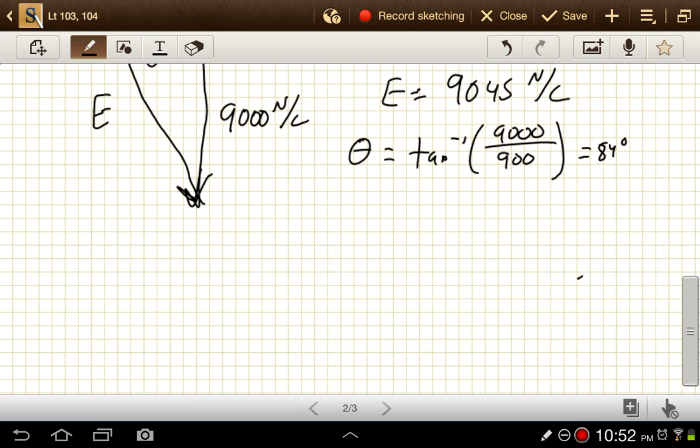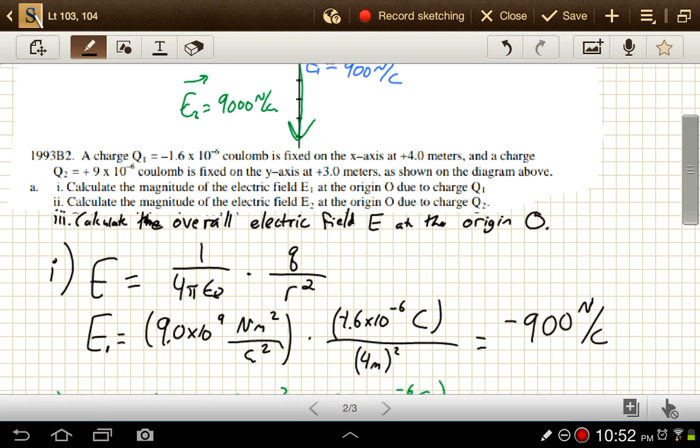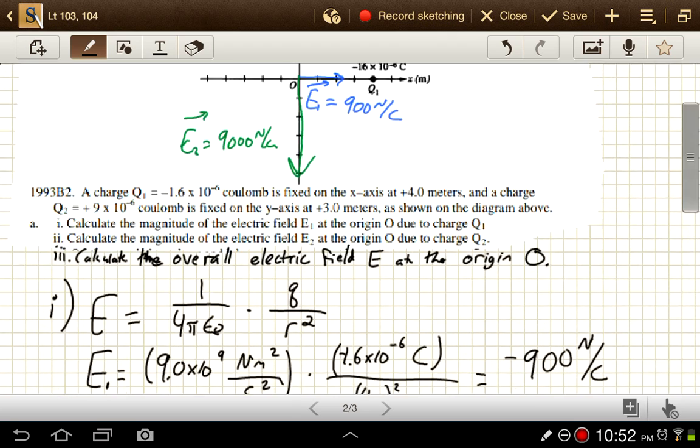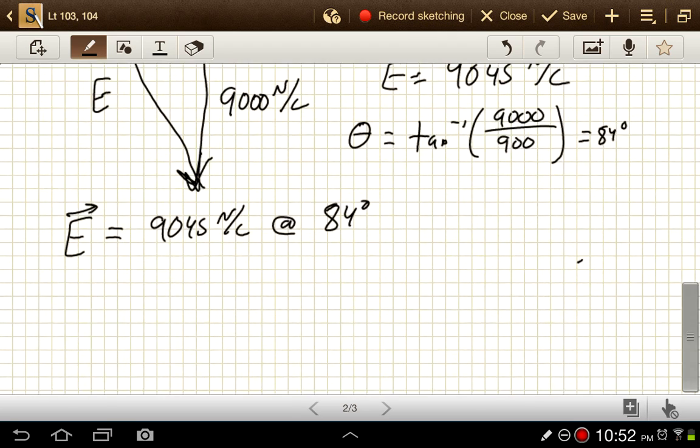So then E is equal to 9,045 newtons per coulomb at 84 degrees. This doesn't really give us northeast, southwest here, but we'll go ahead and use those conventions. So north would be up, east is to the right, south is down, so this would be south of east.